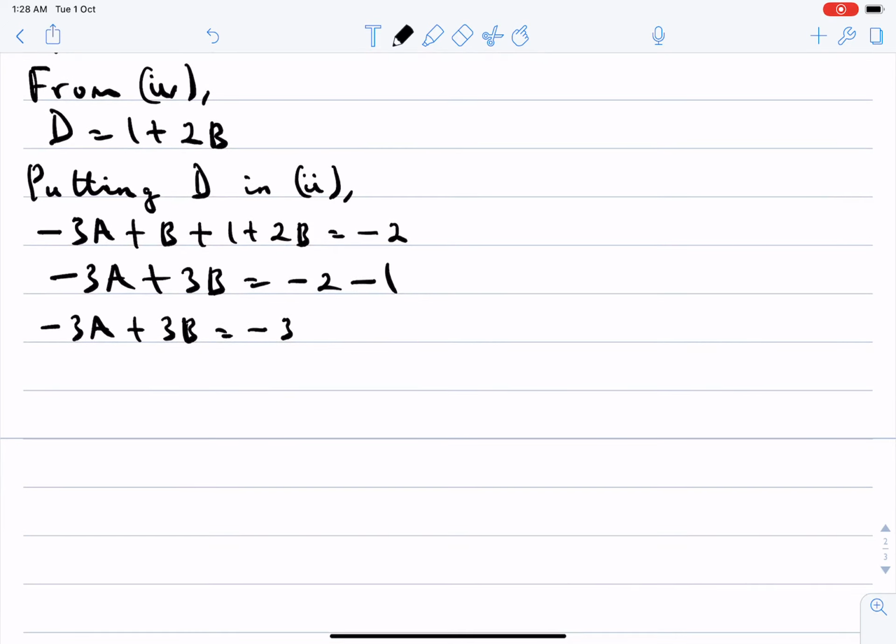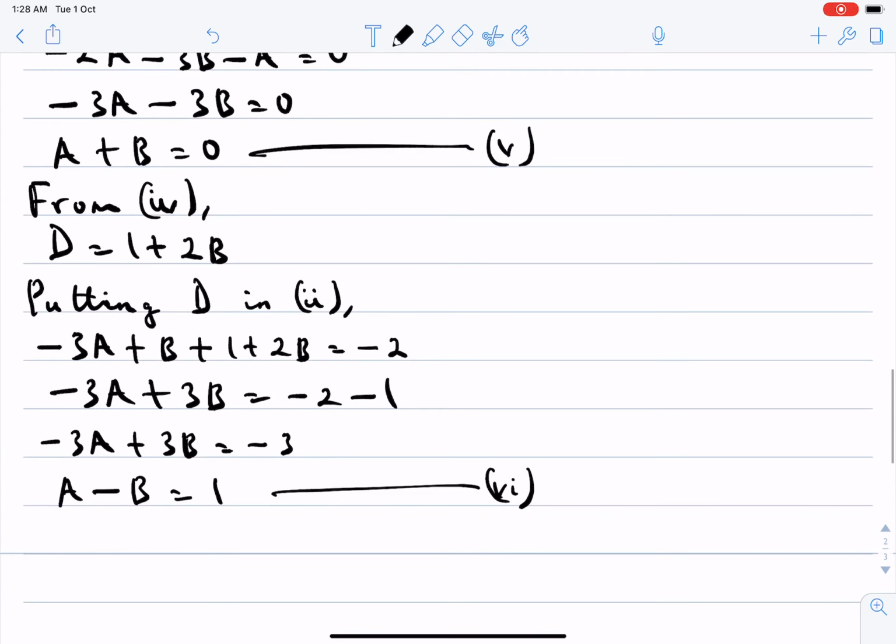Now dividing through by minus 3, I have a minus b equals 1. And that's equation 6.